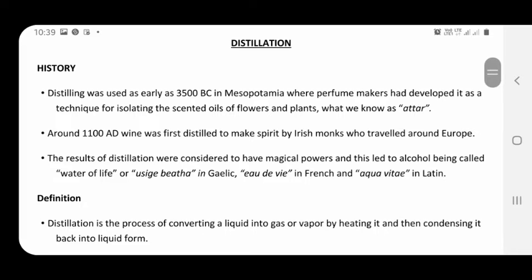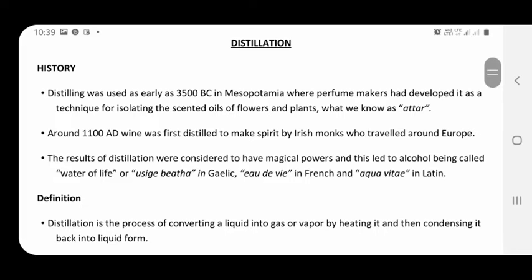The results of distillation were considered to have magical power, and this led to alcohol being called water of life: uisce beatha in Gaelic, eau de vie in France, and aqua vitae in Latin. These are technical things you must be aware of.